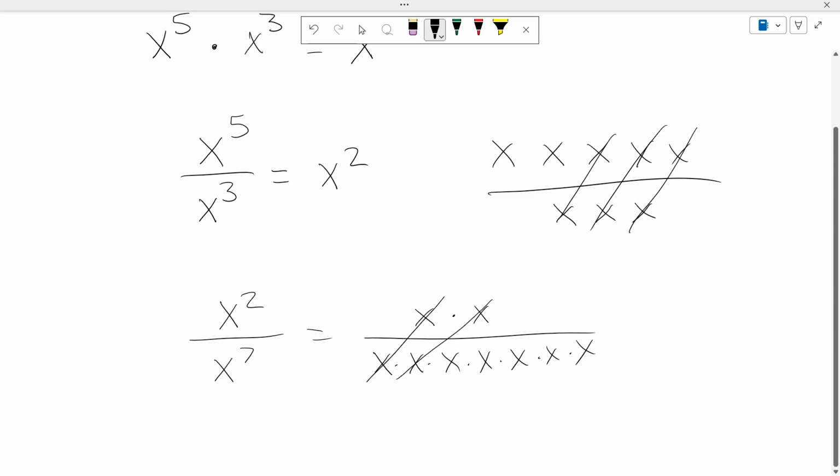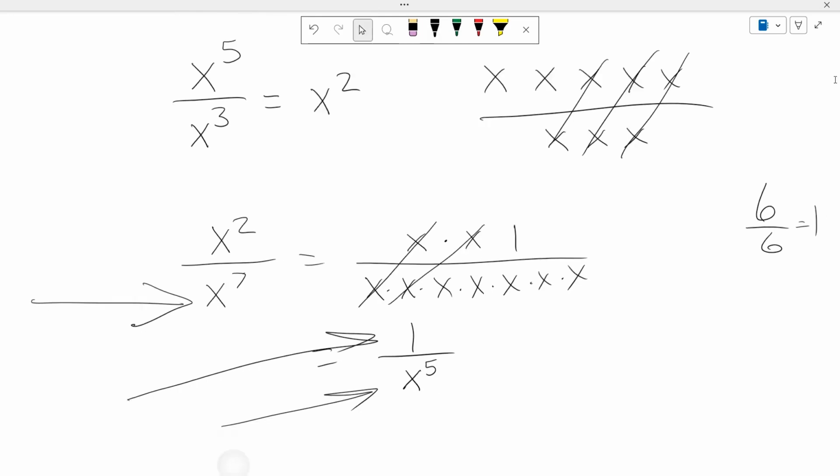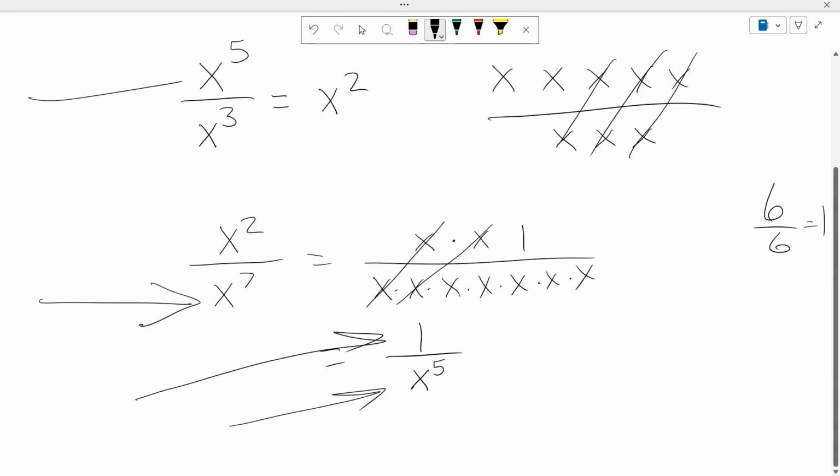When things cancel, what's 6 divided by 6? 1. When things cancel, what's left? 1. There's a 1 left on the top. So it's 1 over, how many x's do I have on the bottom? 5, because 7 minus 2 is 5. So if the higher x is in the bottom, there's a 1 on the top and the x goes on the bottom. If the higher power of x is on top, then the variable is just x to that power.